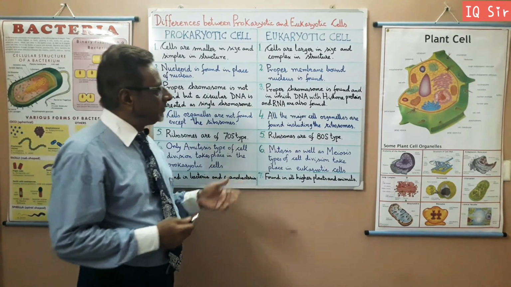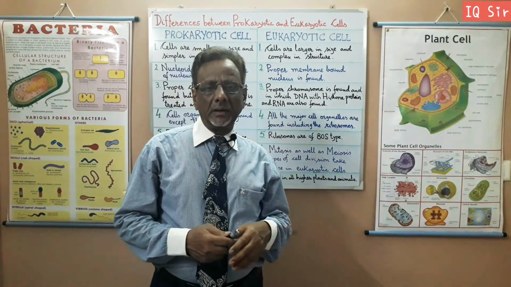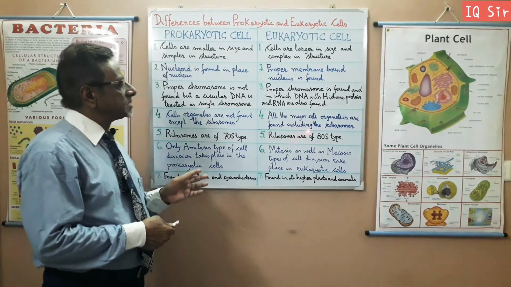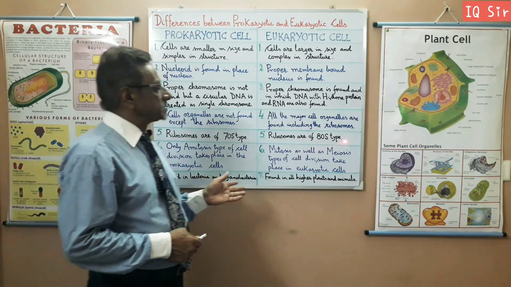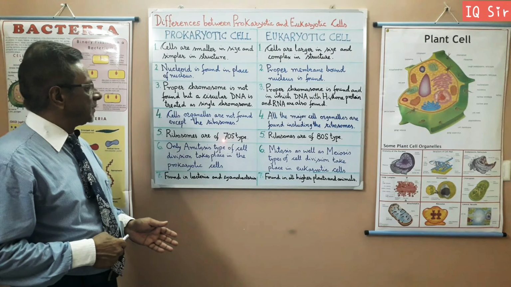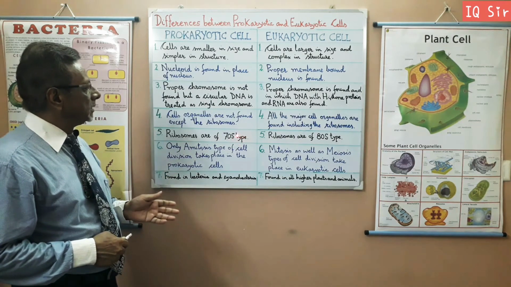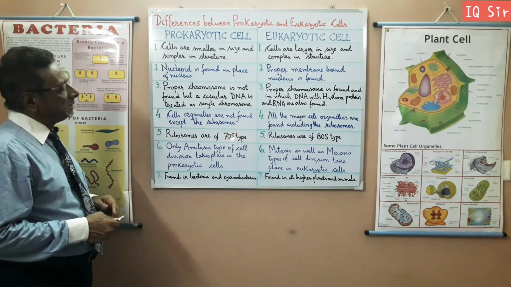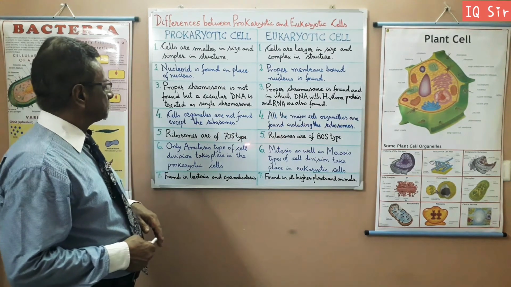But when independent, each moves at an independent speed. That's the logic why we call it 60 plus 40, and when we combine it, it becomes 80S. Similarly, here it is 50 plus 30, and when we combine it, it is 70S. Okay? That's it. It will be clear later on.